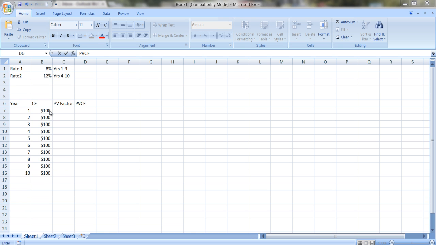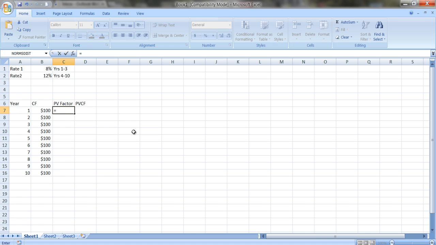What you need to do is calculate the cash flows using the 8% interest rate for the first 3 periods, and then in period 4, you're going to have 3 years of 8% interest and then 1 year of 12% interest. So we have to put in a calculation, or a formula, into the spreadsheet in order to do this. So what's the calculation for present value?